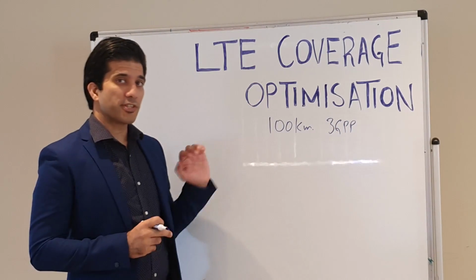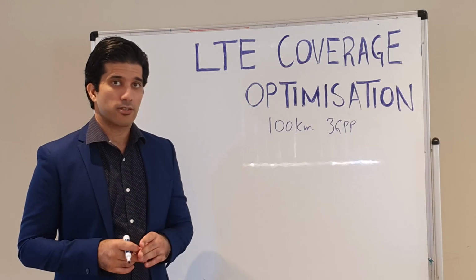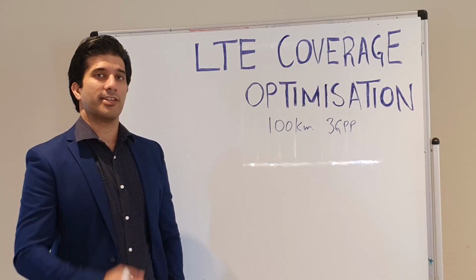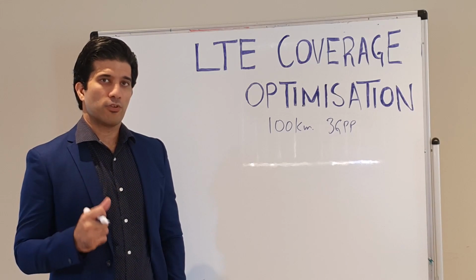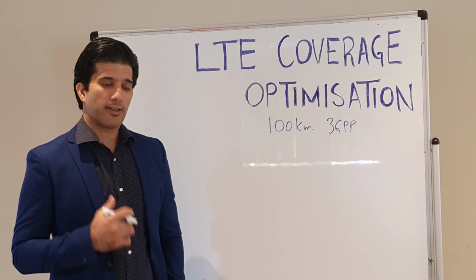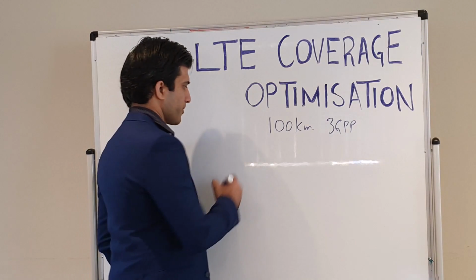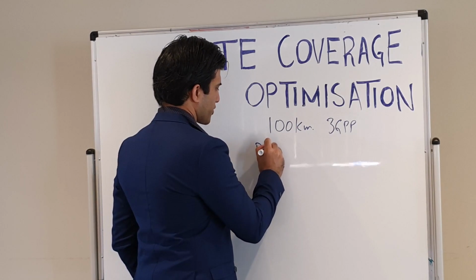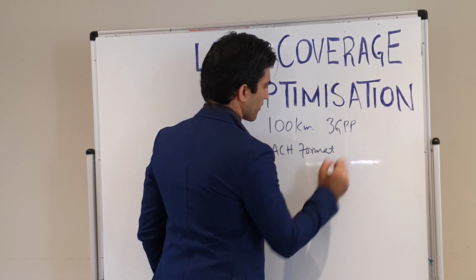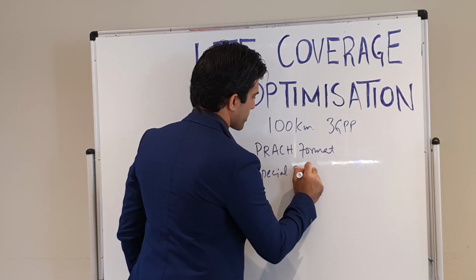But the interesting thing is that PRACH, the physical random access channel, has different formats in LTE, and if you want to optimize your cell extension, you have a limited number of PRACH formats that you can use to basically have an extended cell coverage of different radius. So it is a combination between PRACH format and your special subframe format.